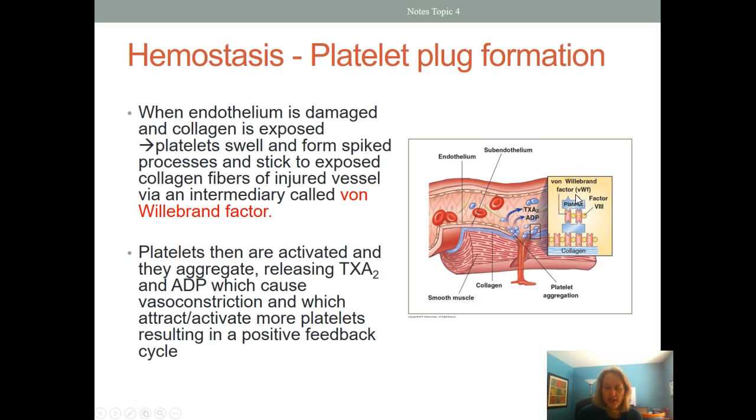Once the platelets get activated and aggregate, they release thromboxane A2 as well as ADP, and that's going to cause vasoconstriction of the blood vessel, and it's also going to attract more platelets to the area. So more platelets come to the area, they degranulate, release thromboxane A2 and ADP, and this is going to cause more platelets to come to the area, and so forth, in a positive feedback cycle until the platelet plug is formed.